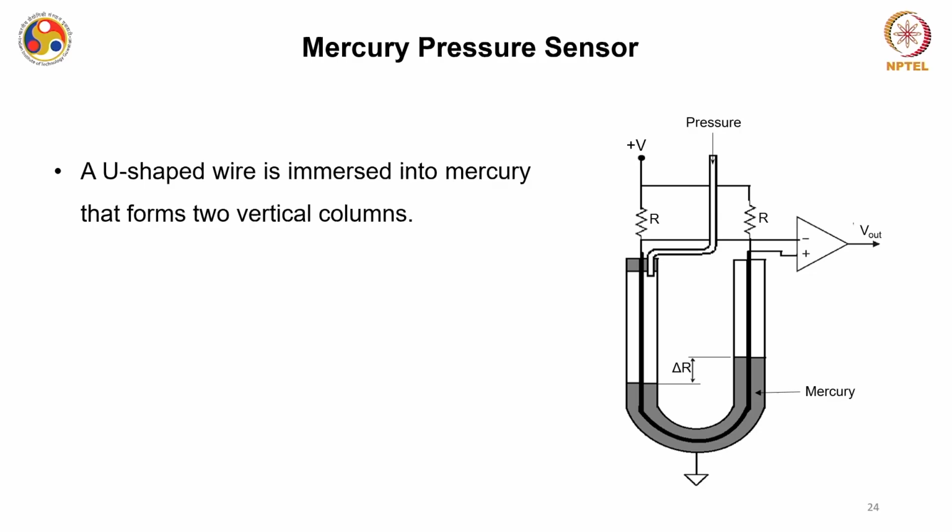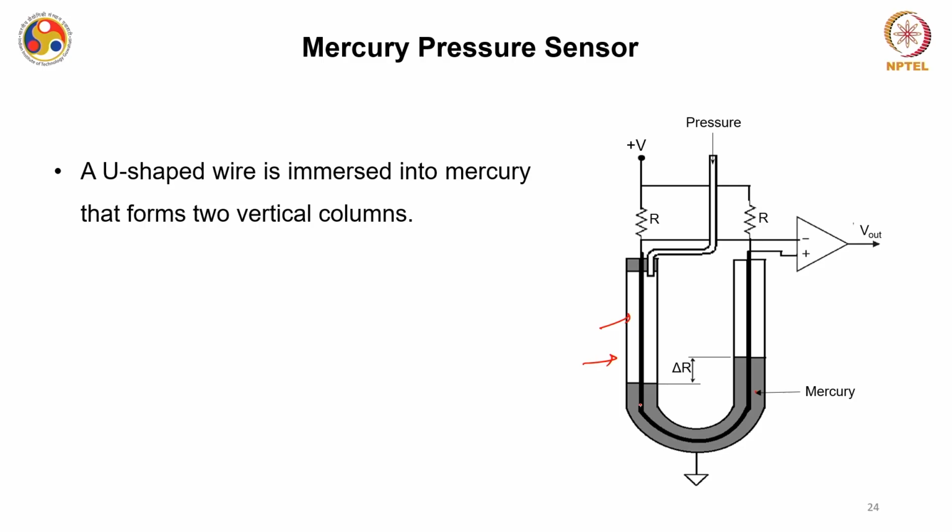So if I talk about a basic mercury pressure sensor, usually a U-shaped wire is immersed into mercury that forms two vertical columns. Just have a look at this U-shaped wire which is inserted into this U-shaped tube filled with mercury.